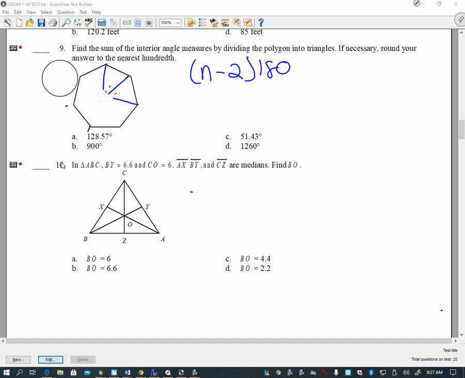As goofy as it may look, all we need to do is draw a line from each vertex to a single point on the figure. Do we understand what we need to do there? Or if you know the formula, do the formula, n minus 2 times 180. In either case, you're still going to have to show the math of 5 times 180, and I can guarantee you that on the test, it won't be a 7-sided figure. It might be 9-sided or 6-sided or whatever, but it will be different.